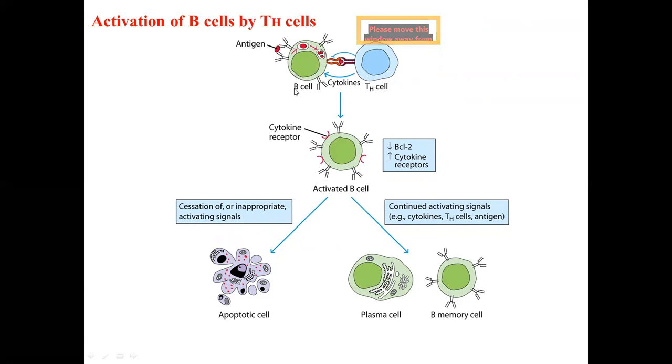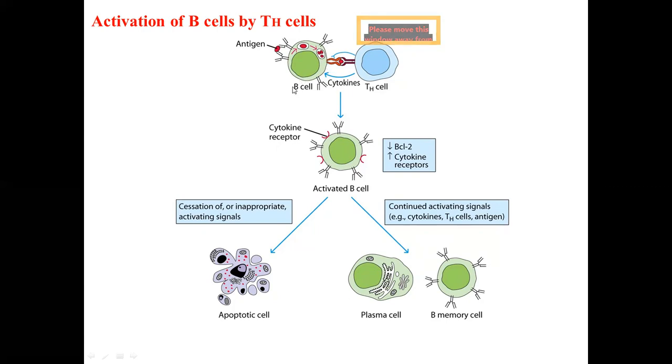Once the B cell binds an antigen through membrane bound receptors called immunoglobulins, the antigen is engulfed and forms a phagosome. The phagosome then fuses with the lysosome, resulting in a phagolysosome, and the whole antigen is chewed into small antigenic peptides. These antigenic peptides are then loaded onto a class 2 MHC molecule.